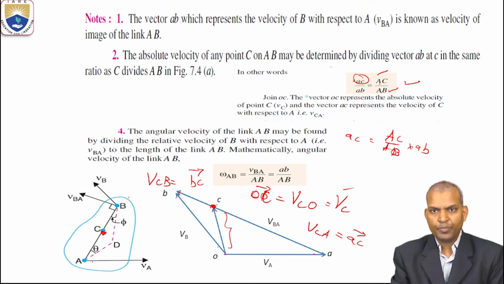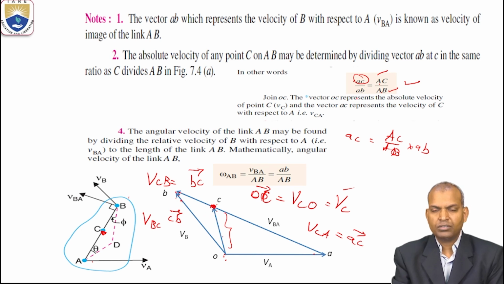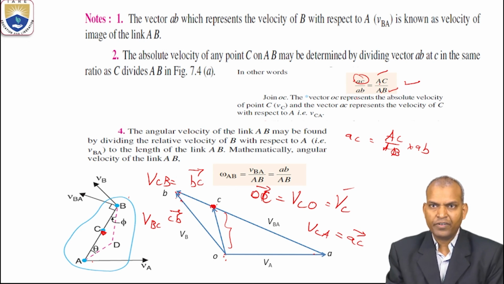If you want the velocity of B with respect to O, you measure BO. The velocity of B with respect to C, VBC, is the distance C to B. Thus you can find various points on the link and with respect to other points by using this relative velocity method.